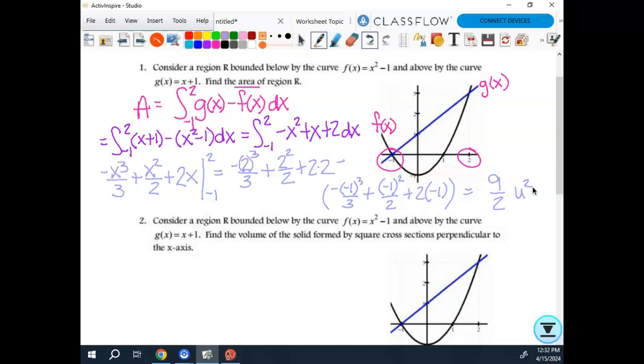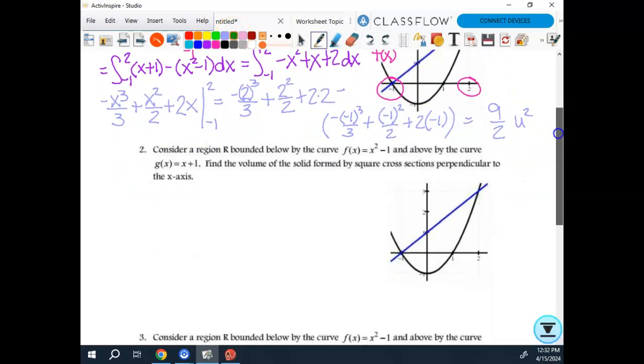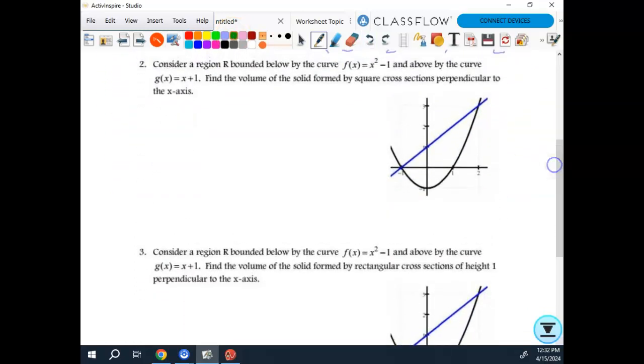All right. So now we're going to look at what happens when we want volume. So we're going to consider the region R, bounded by the curve, same region. Find the volume of the solid formed by square cross-sections perpendicular to the x-axis. So that means I'm going to have a square that's perpendicular to the x-axis.